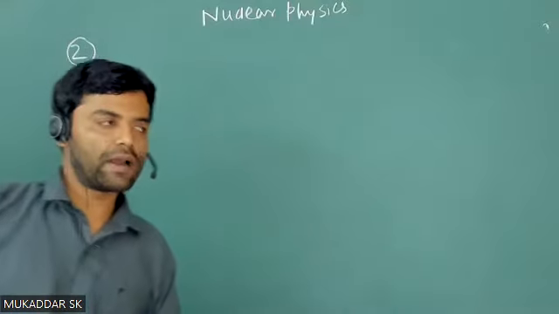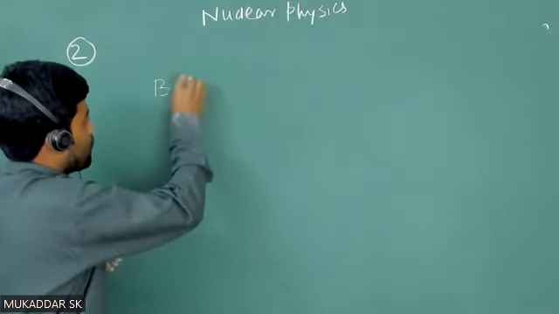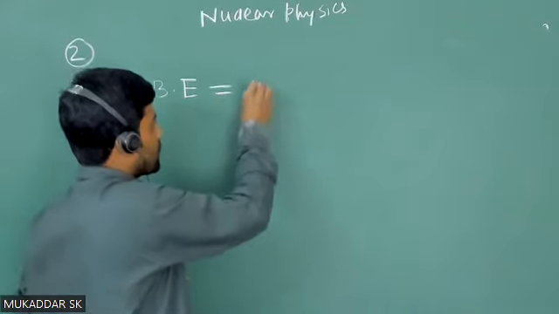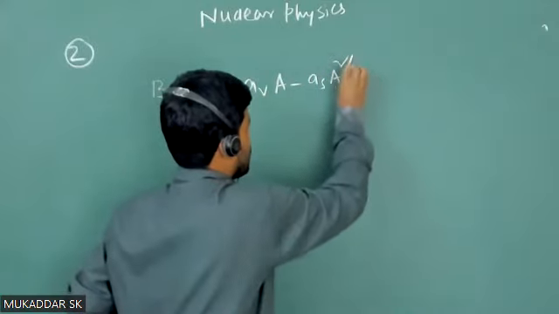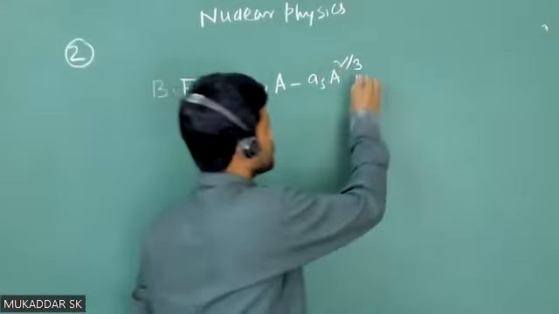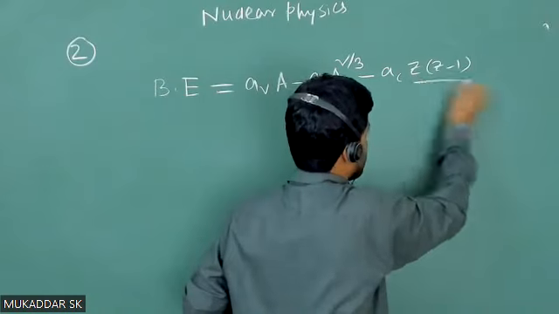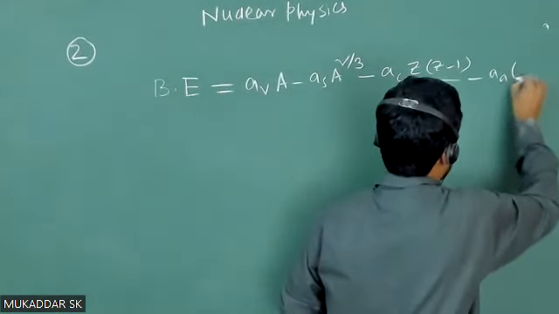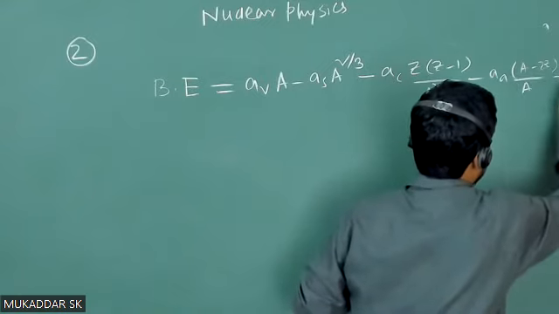So they have provided you the binding energy formula in a liquid drop model. So they have provided you that formula, that is A_V A, then A_S A to the power 2/3, then A_C Z(Z minus 1) by A to the power 1/3, then A_A (A minus 2Z) square by A. Finally, you have a delta term.